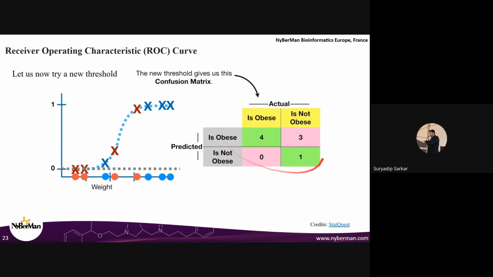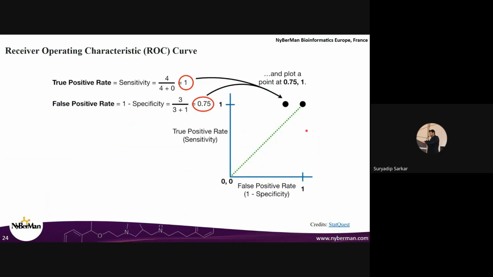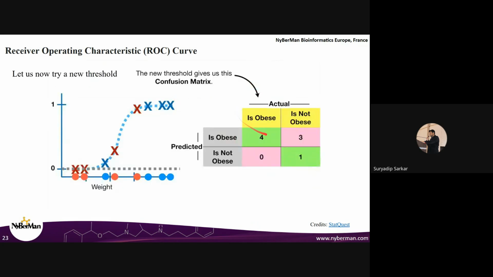This is the confusion matrix that we get when we use the new threshold. So instead of 4 and 4 here, we get 4 here for true positives. We get 1 true negative, and we have 3 false positives basically, right? So now let us actually calculate the TPR and the FPR. Again, it will be 4 divided by 4 plus 0, so 1.